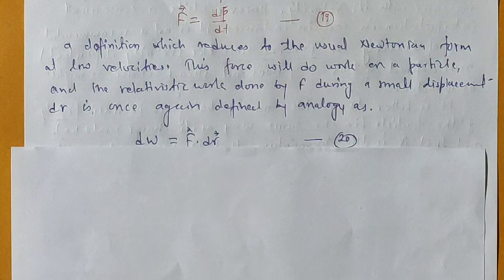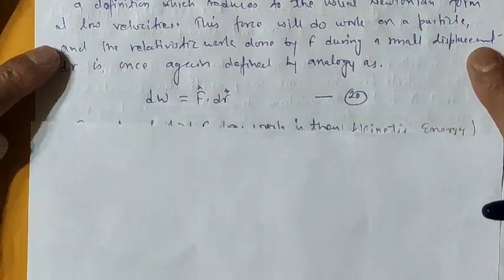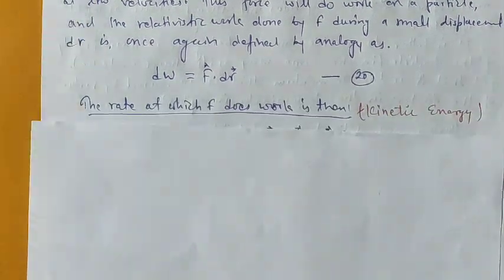This force will do work on a particle, and the relativistic work done by force F during a small displacement dr is once again defined by analogy as dW equals F dot dr, that is, force times displacement.